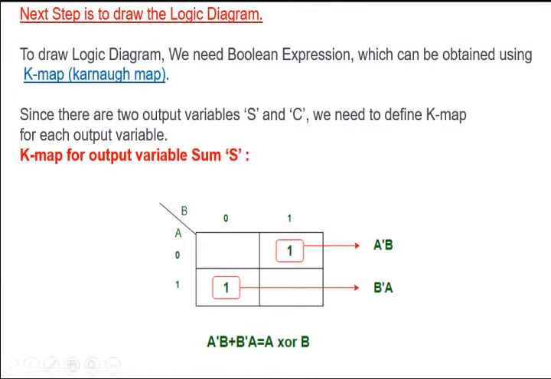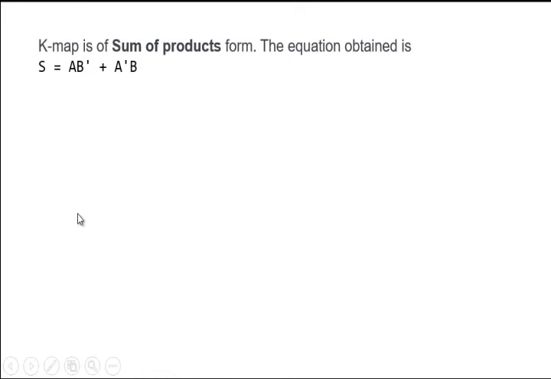So the output taken from the Karnaugh map is A bar B plus B bar A, or A XOR B. This is the output of our XOR gate. The sum-of-products equation obtained is A B bar plus A bar B, which may be written logically as A XOR B.